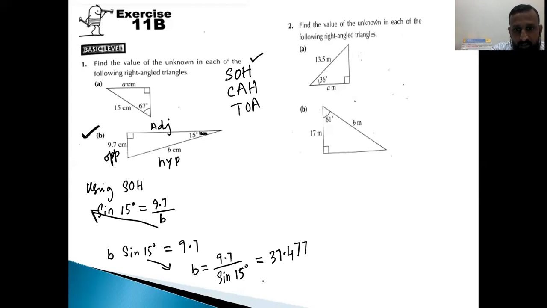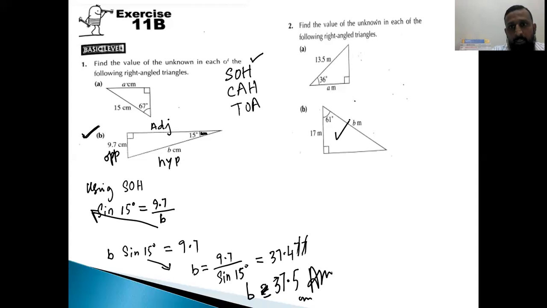I'll try to give my answer correct to three significant figures. I'll round this off to 37.5, which is the right answer. That is the value of B, 37.5 centimeters. All right, dear students, let's do one more, part B of this question number 2.